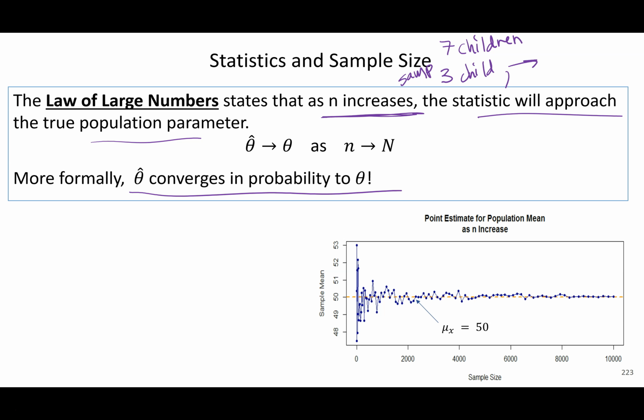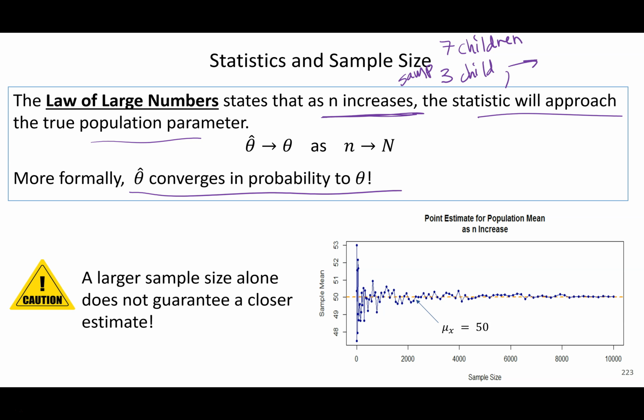So watch out. It's not a guarantee that having a bigger sample size means that your data are more accurate. A larger sample size alone doesn't guarantee it because there's just natural fluctuation. Like you take a random sample and it just might be a poor sample. You might have gotten a sample that had some extreme outliers or something like that.